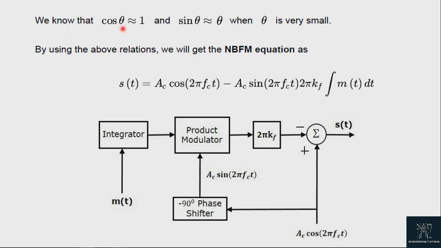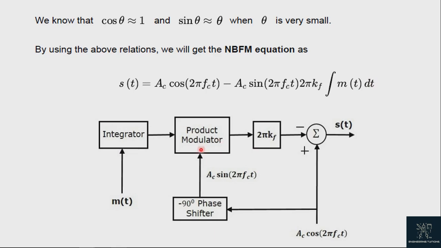So we know that cos theta is approximately equal to 1 and sin theta is approximately equal to theta when theta is very small. By using the above relations, we get the narrowband FM equation as s(t) equals Ac cos 2 pi fc t minus Ac sin 2 pi fc t into 2 pi kf integration of the message signal with respect to time.